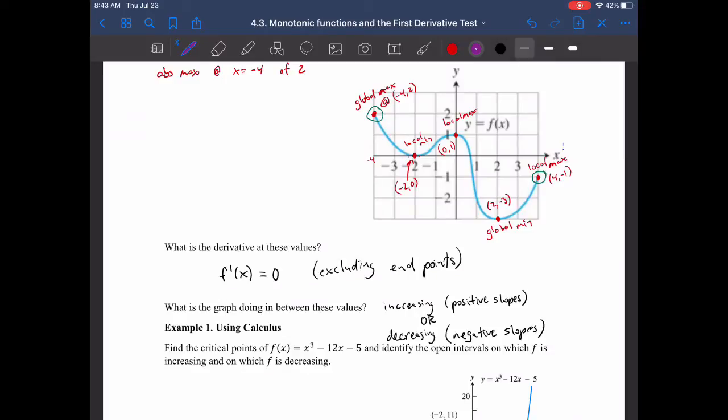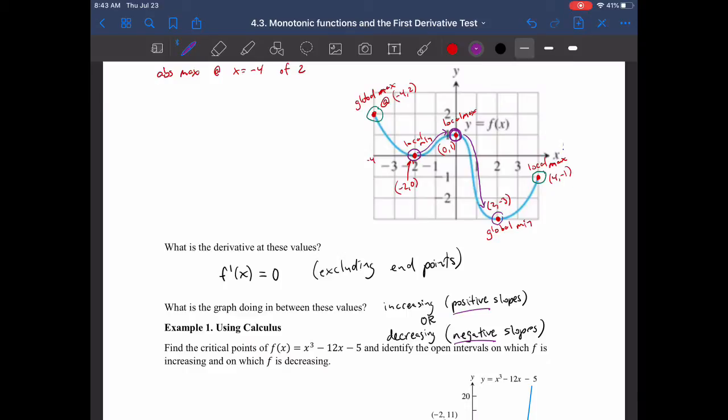If I look between this point and this point, if I walk along this path, I'm increasing the whole way. But if I look between this point here and this point down here, everywhere in between, I'm always decreasing in value. I'm walking downhill. So between all the points, I'm either walking uphill, in which case I have positive slopes, or I'm walking downhill, in which case I have negative slopes.